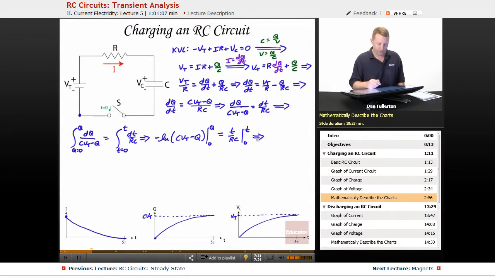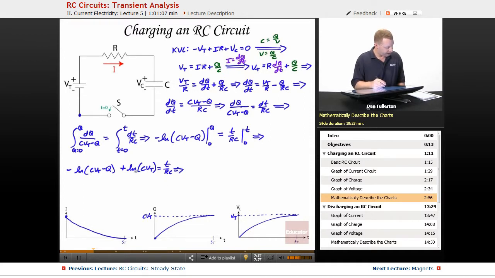All right, a little bit more algebra. This implies then that, well, we'll substitute in our values, our limits here, minus the log of CVT minus q minus the opposite of the log, which is going to be plus the log of CVT minus 0, which is just CVT, equals t over RC.